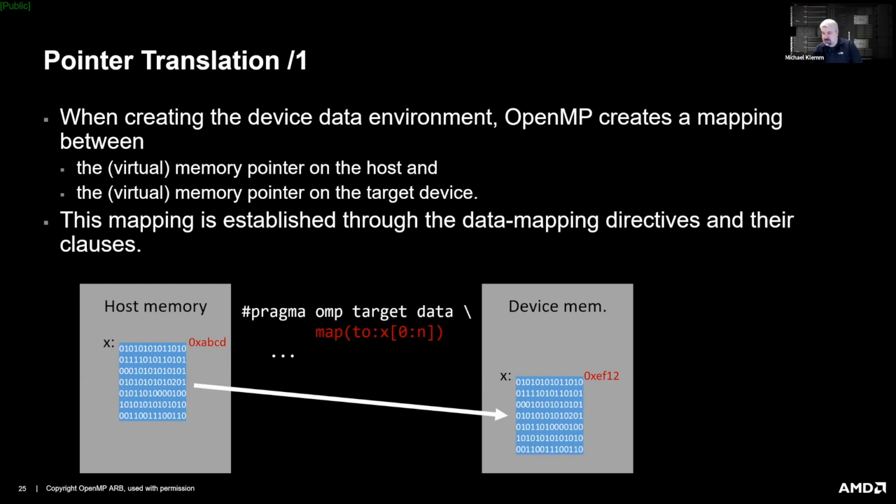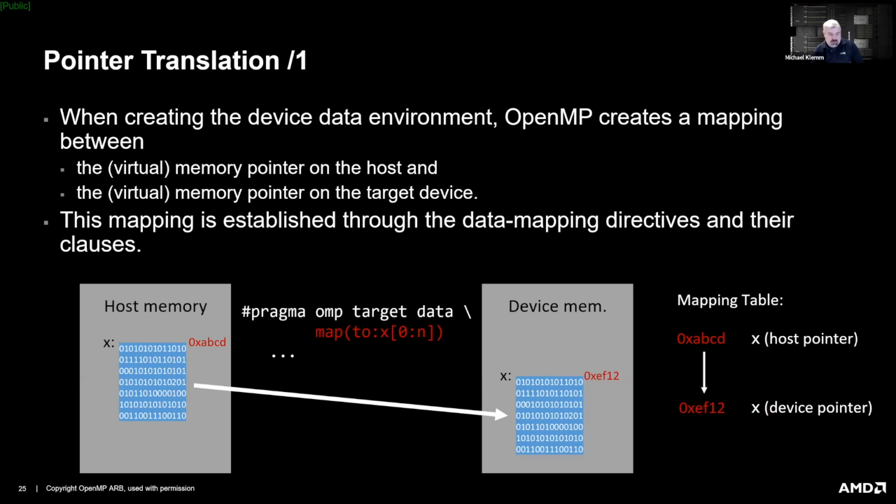And when you do this map to, OpenMP remembers in its internal mapping table that X, if it's used as a host pointer, has that value. And if X is used in the context where a device pointer is needed, so that means inside a kernel, like in the Saxby kernel, then it needs to have this value, right?